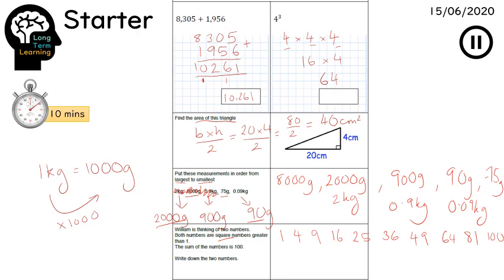Well, if I have a look at 36 and 64, 36 plus 64 does equal 100. And so it says the sum of the numbers is 100. He's thinking of two numbers, both numbers are square numbers, so my two numbers are 36 and 64.